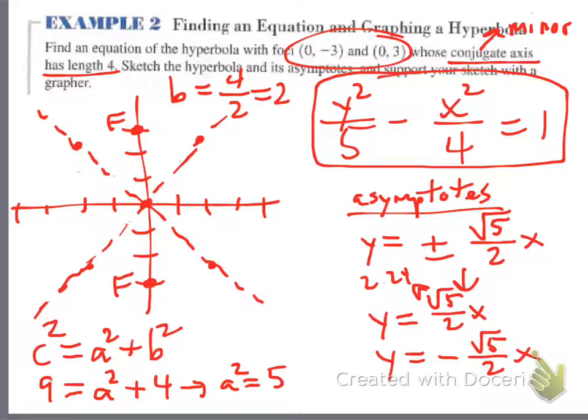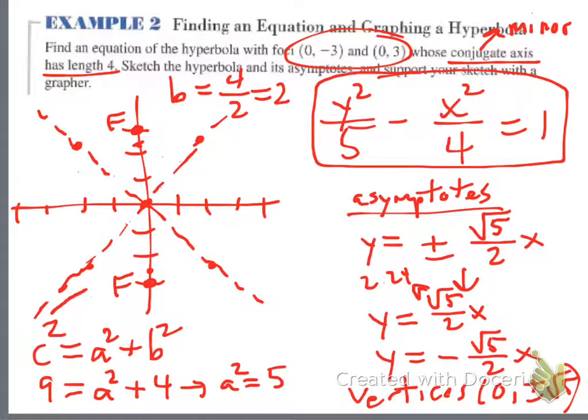Now, my vertices are 0 plus or minus radical 5. They're on the y-axis because the foci are on the y-axis. So my vertices are going to be right there.